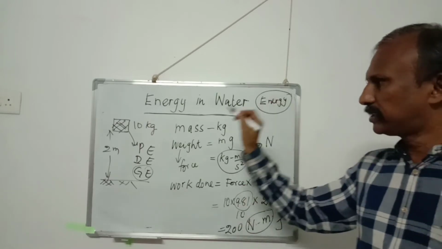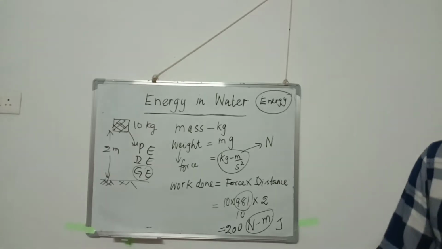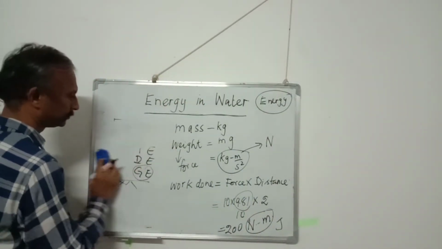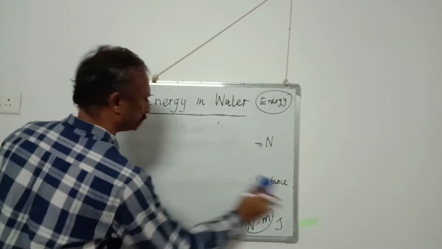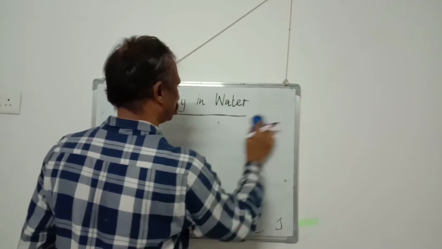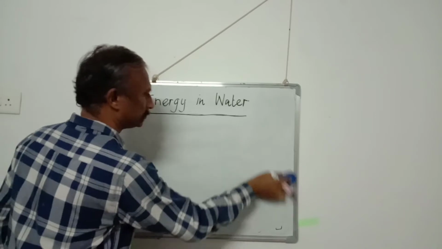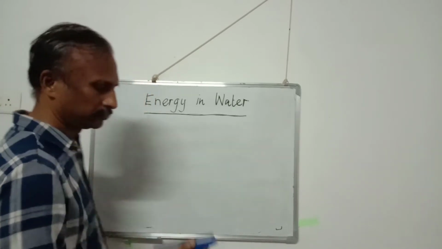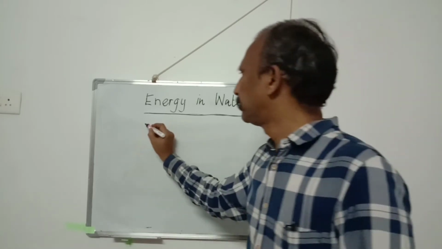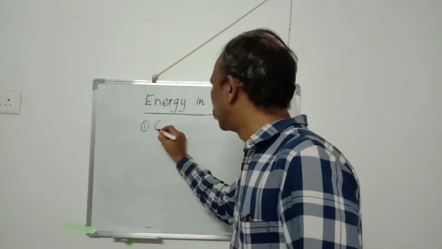So this is the first form of energy, and we will also see other forms of energy. The first form of energy we have seen is gravitational energy.